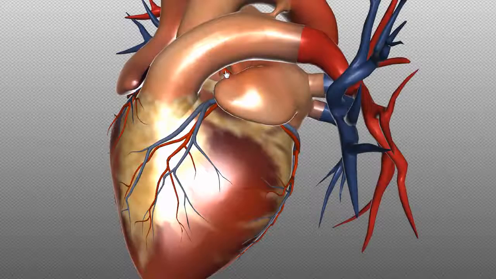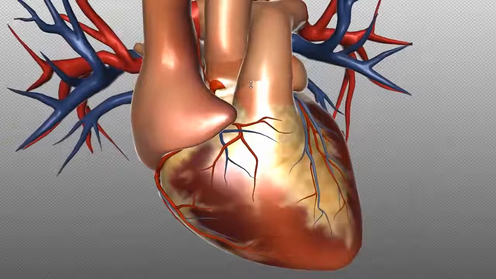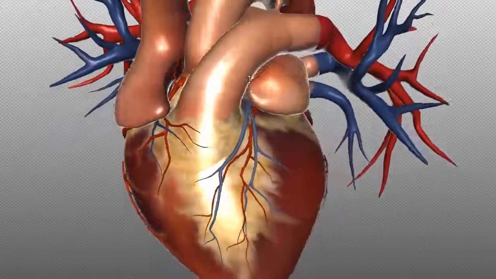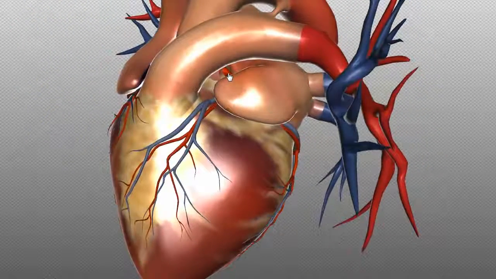So the right aortic sinus gives rise to the right coronary artery, and the left aortic sinus gives rise to the left coronary artery.